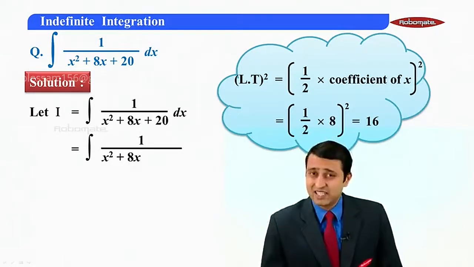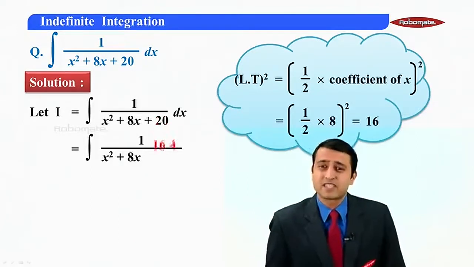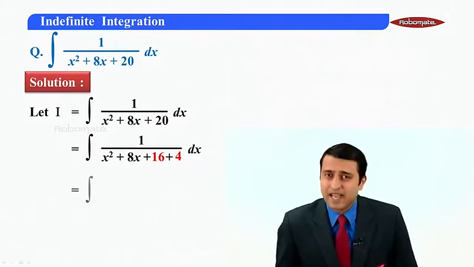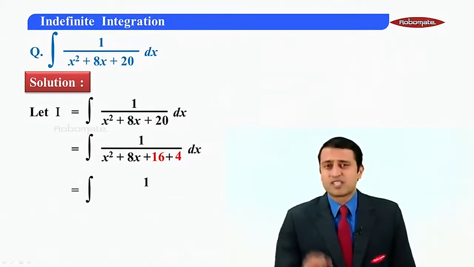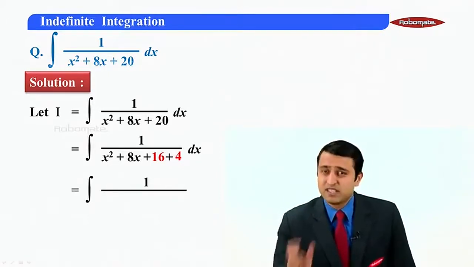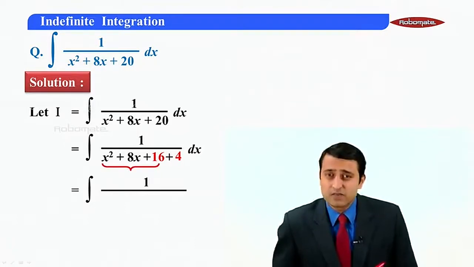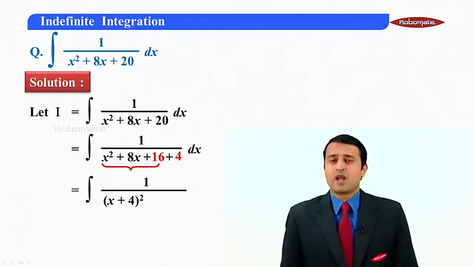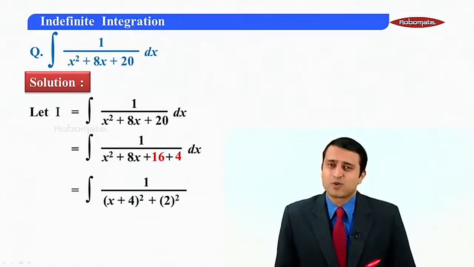So can I say 20 can be written as 16 plus 4? Is that okay? So in the next step, can I write 1 upon, now x square plus 8x plus 16, these three terms can be written as x plus 4 the whole square, and obviously 4 can be written as 2 the whole square.